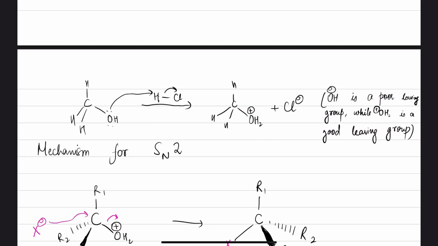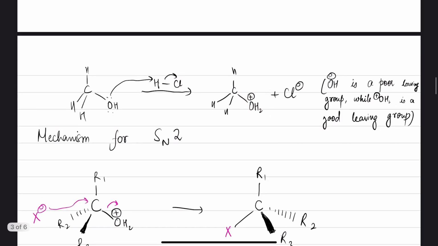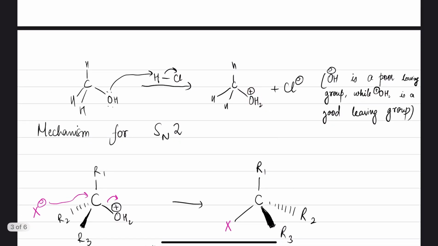Oxygen has two lone pairs, so it just wants to abstract a proton from the acid and become OH2 plus, the oxonium ion. This oxonium ion is a good leaving group because it leaves as a water molecule.